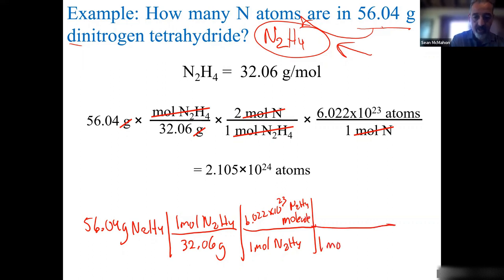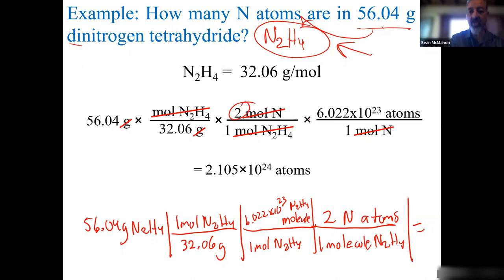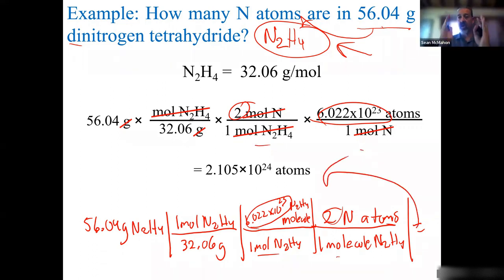In 1 molecule of N2H4, there's 2 nitrogen atoms. And you see, I'm still doing 2 times 6.022 times 10 to the 23rd, and I still have 1 and 1 on these two bonds. Either way is fine. You end up getting the same number, as long as you have a logical way of following it. I like doing molecule to atom ratios versus looking at a formula and doing the molar, but it's okay. Either way is acceptable.